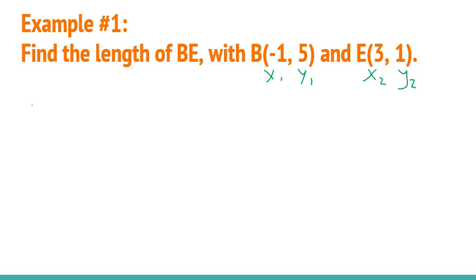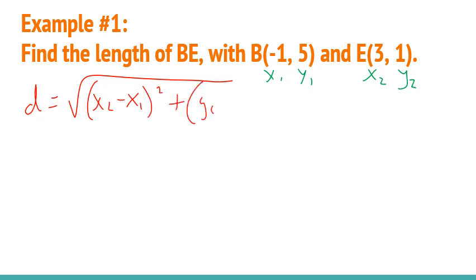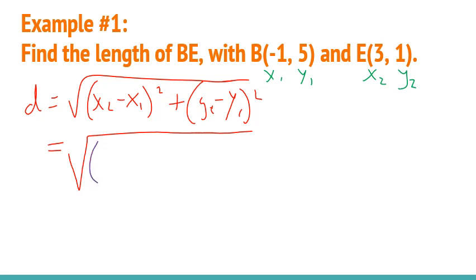Okay, if the distance formula is x2 minus x1 squared plus y2 minus y1 squared, we can just start plugging those numbers in. What's important is just to be very careful about negatives and to make sure everything stays inside the radical. So here we go. x2 is 3 minus x1, which is -1, and I'm going to square it. y2 is 1 minus 5, and I'm going to square that as well.